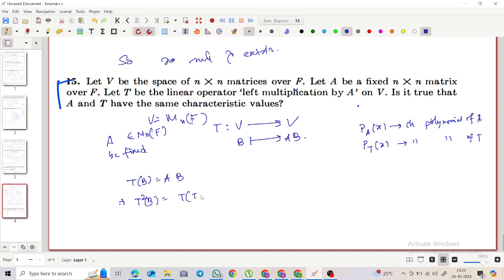That is T of T(B), which is T of AB, that is AAB, that is A squared B. So what we get is that T to the power i of B is nothing but A to the power i times B.